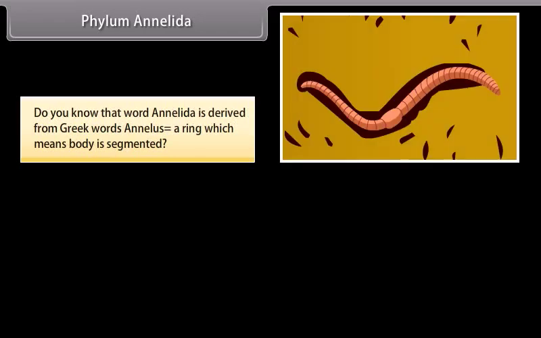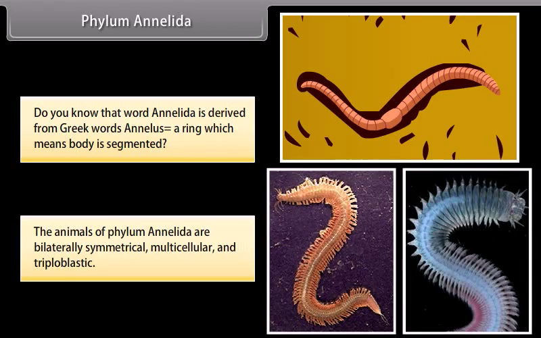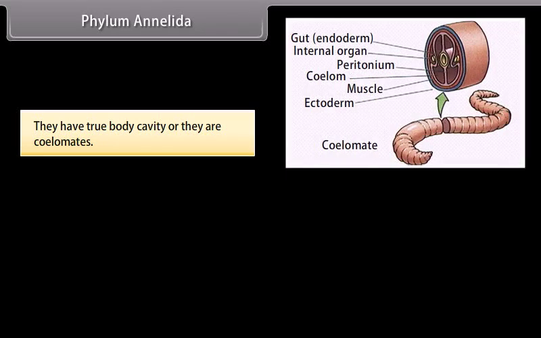Phylum Annelida. Do you know that the word Annelida is derived from Greek word annelus, a ring, which means body is segmented? The animals of phylum Annelida are bilaterally symmetrical, multicellular, and triploblastic. They have true body cavity, or they are coelomates.